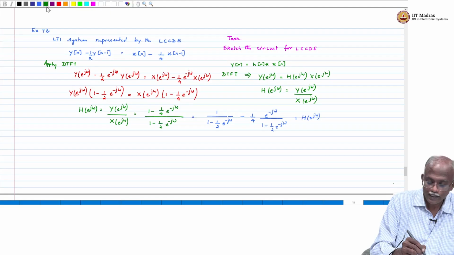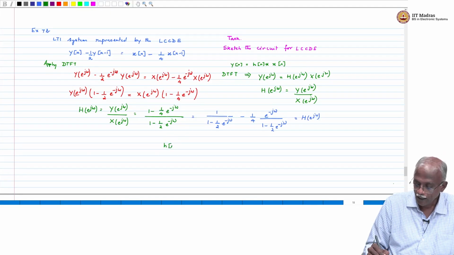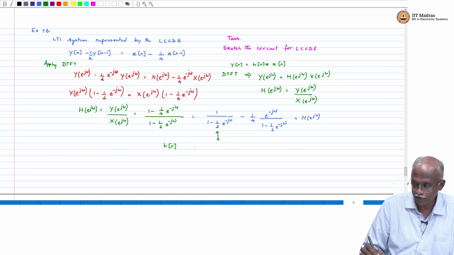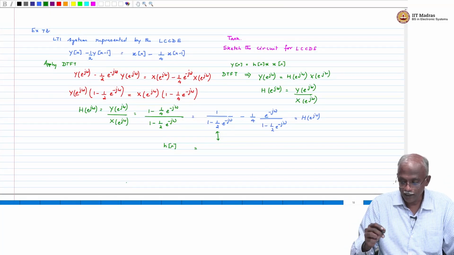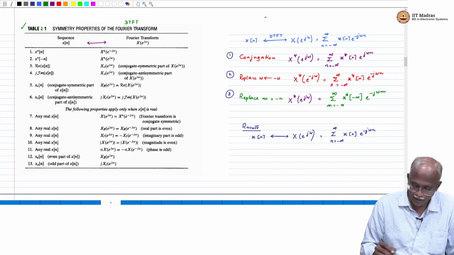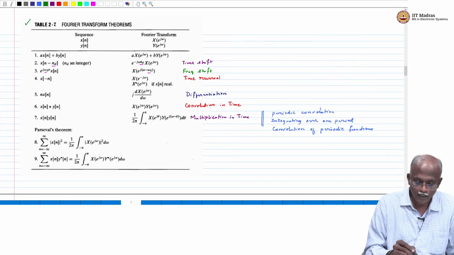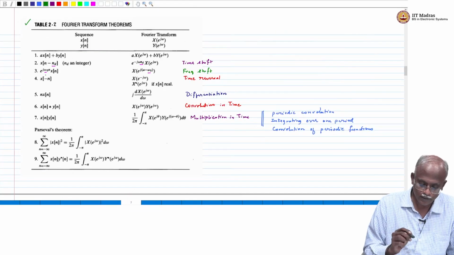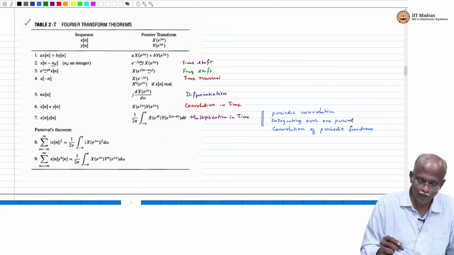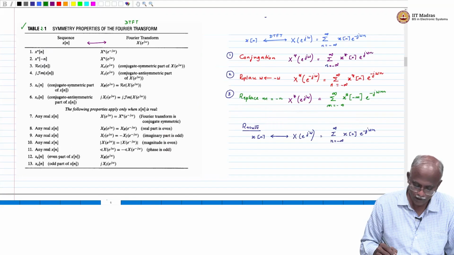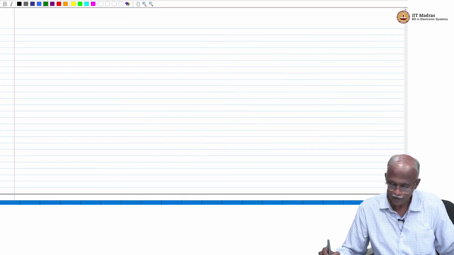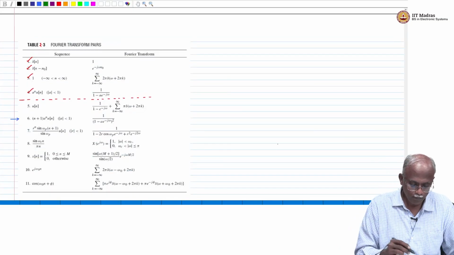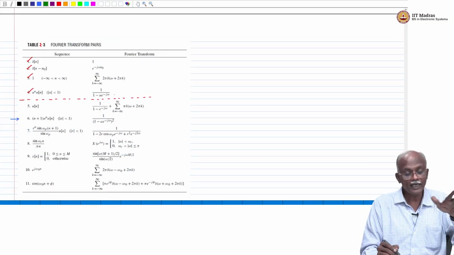Now, what is h of n? h of n will be the inverse discrete time Fourier transform of the first term. Now, remember we had a relationship, if you have a power n u of n, maybe it comes in the Fourier transform theorems, a power n u of n corresponds to 1 over 1 minus a e power minus j omega.